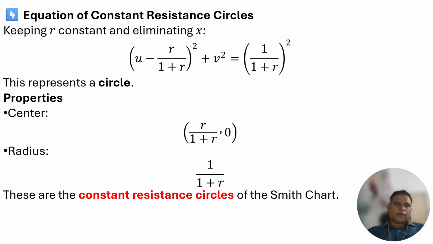The equation of a constant resistance circle: keeping R constant and eliminating X, you will get an equation for a circle with center R by 1 plus R comma 0 and radius 1 by 1 plus R. These are the constant resistance circles of the Smith chart.